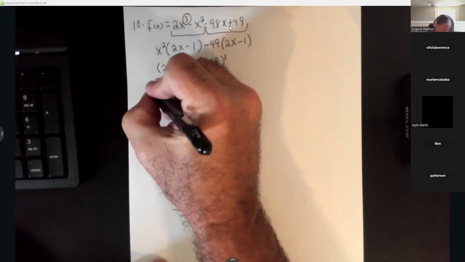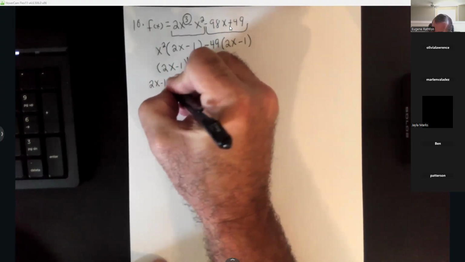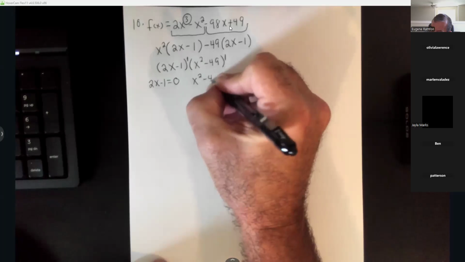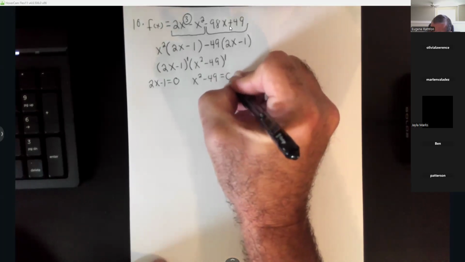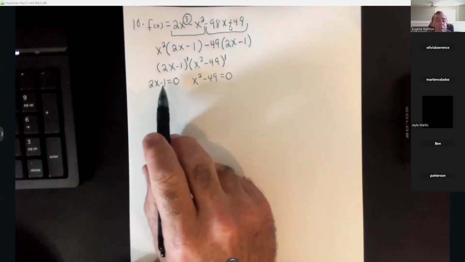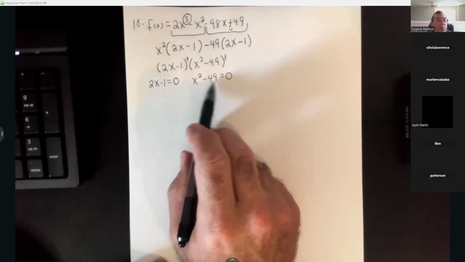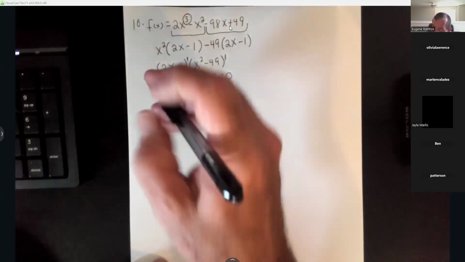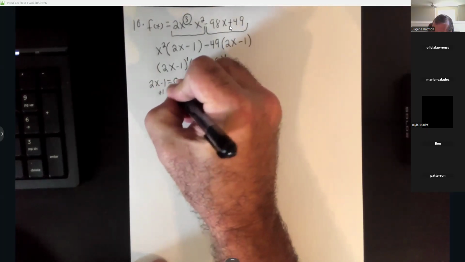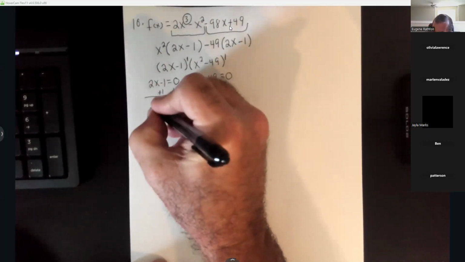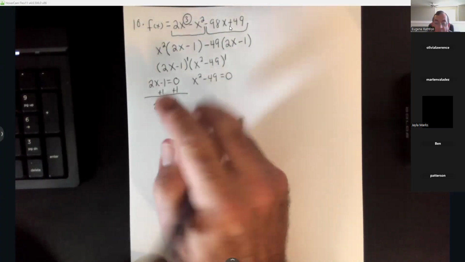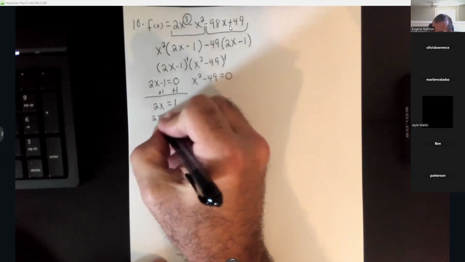All right, y'all, so I'm going to set 2x minus 1 equal to 0, and then the x squared minus 49 equal to 0. So solve this one and we'll solve that one. So y'all here, we would add 1. So you get 2x equals 1, and then divide both of them by 2.